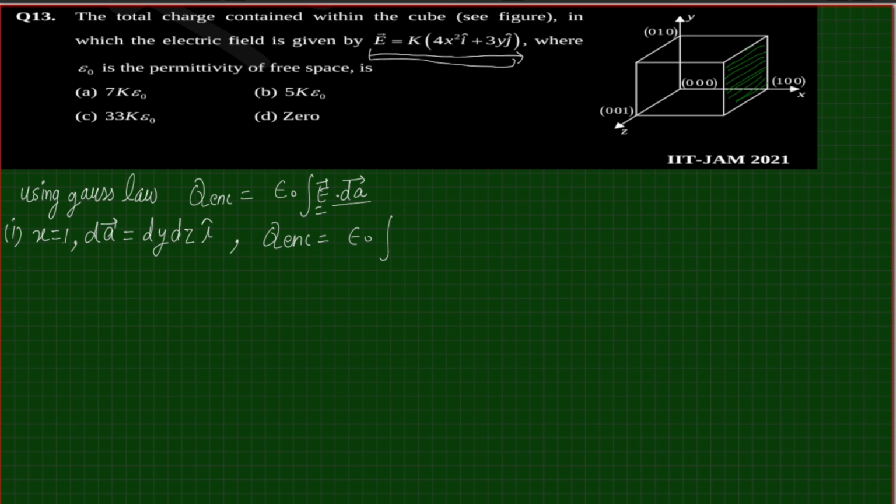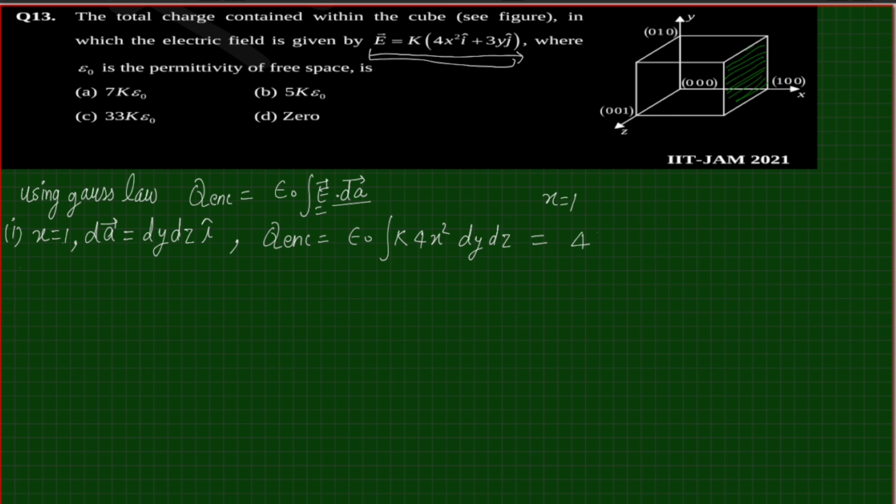Only I dot I will survive, because I dot j will become 0. So that will be k 4x square dy dz, and because x is equal to 1, x square will also become 1.